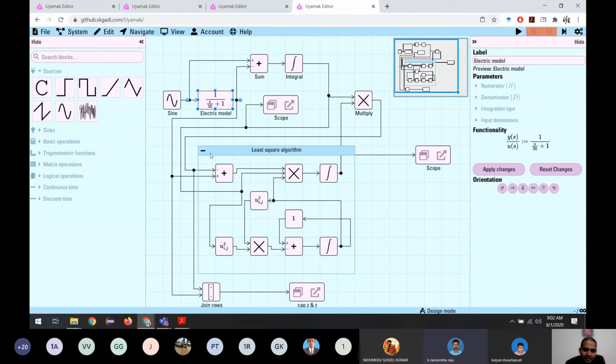Yeah, we can. This algorithm will work, but this software UMAC doesn't allow the transfer functions to change in the middle of simulations. The transfer functions are something stable. Maybe I can give this option in the future, but right now, once the simulation is started, we can't change the values of RC, I mean the transfer function.